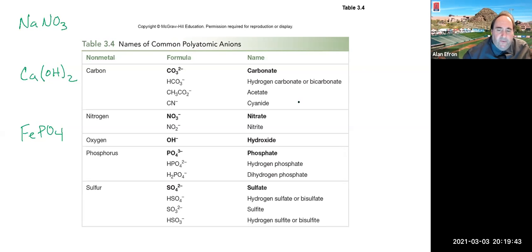So let's do on this side, let's do copper, Roman numeral 2, sulfate.